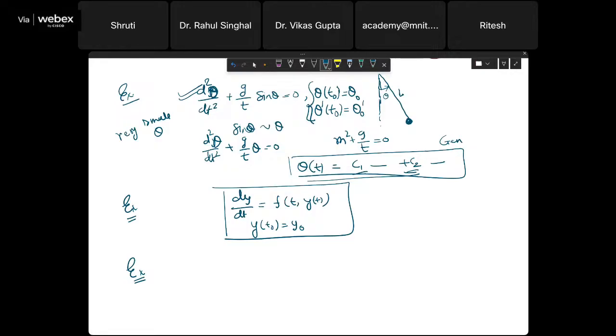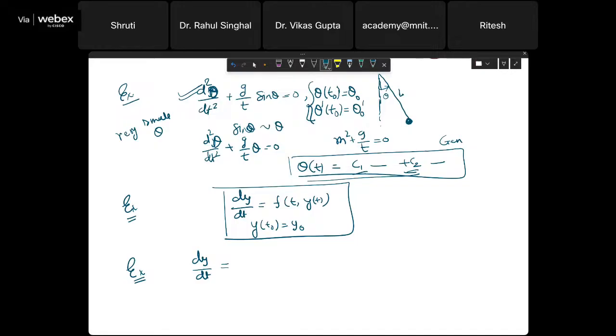The first problem describes the position of a particle which is changing sinusoidally. In this case, the rate of change of y, the position of a particle, with respect to time is proportional to sine of t.